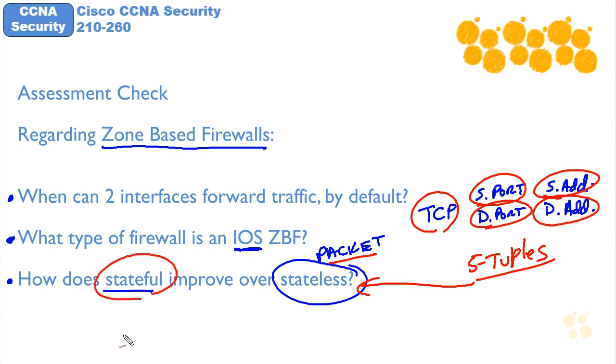And a stateful firewall kicks that up a whole notch because we can look at way more than just those 5 elements. We can look at application layer information and do the inspection on that. We also have the ability with unified threat management systems and what are called next generation firewalls to do advanced filtering. For example, maybe a company does not want to send out credit card information in the clear.